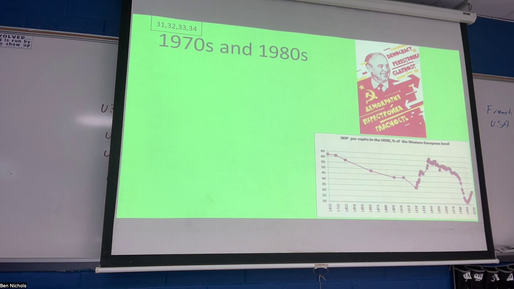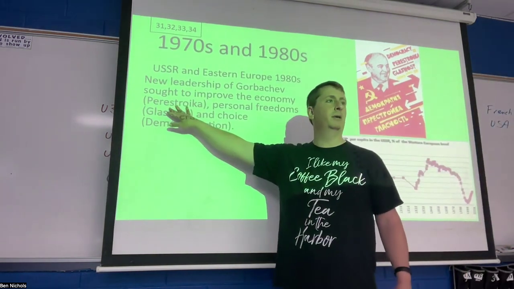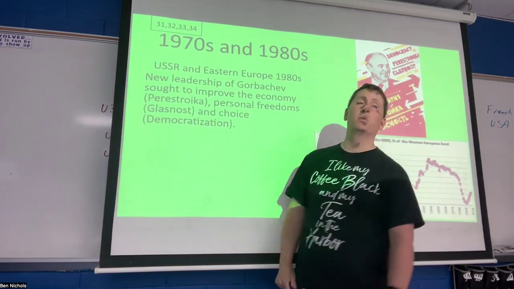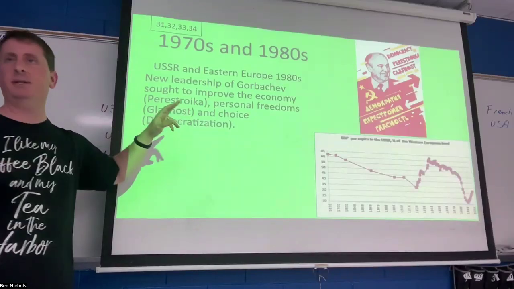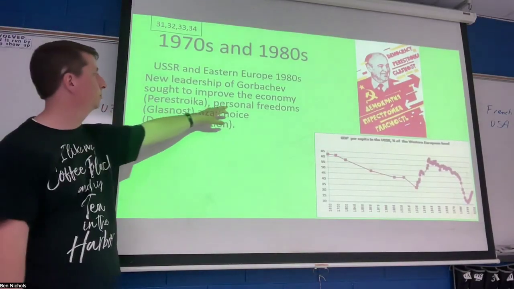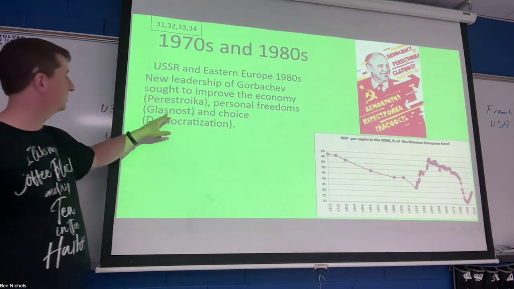And so to try to inject some energy into communism, we get Mikhail Gorbachev and his proposed ideas to improve the economy. We call that one perestroika. We're on 31 now. Perestroika is the attempt to improve the economy, the attempt to improve personal freedoms and liberties. That's glasnost.